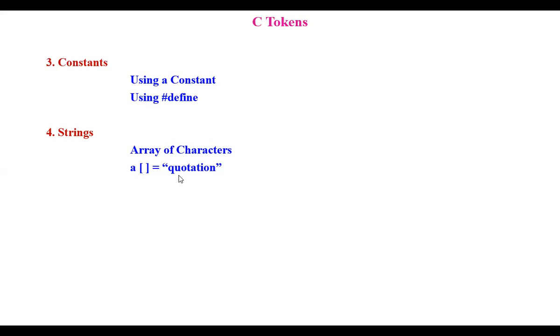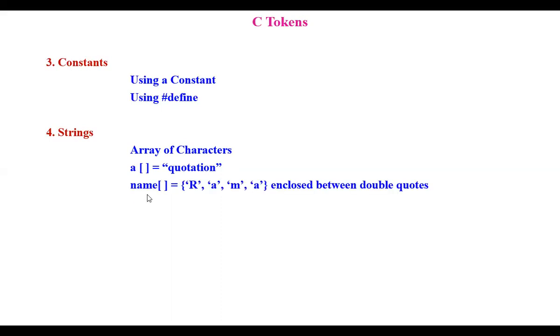This is an array of characters. Some 5, 10, 15, or 4 characters are taken, and when they are put continuously like this, it is called an array, right? And this is actually a string.